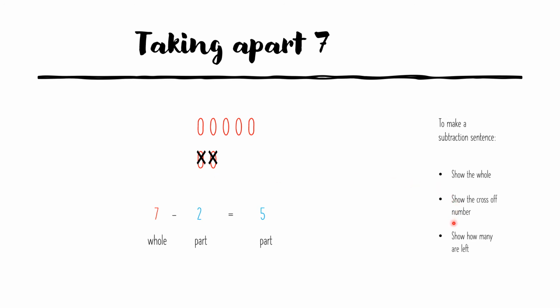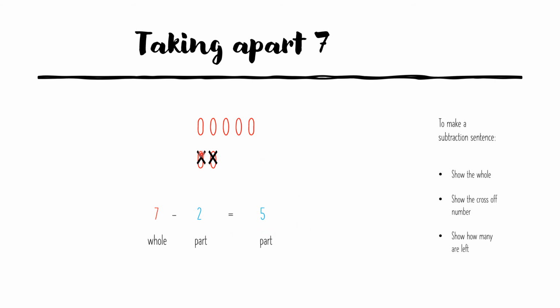After we show our cross-off number, we want to show how many are left. So we put our equal sign, take a look at our drawing, count how many circles are left after we crossed off our 2. 1, 2, 3, 4, 5. 7 take away 2 equals 5.